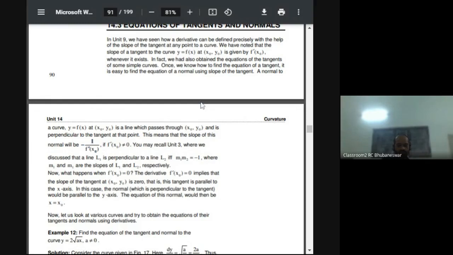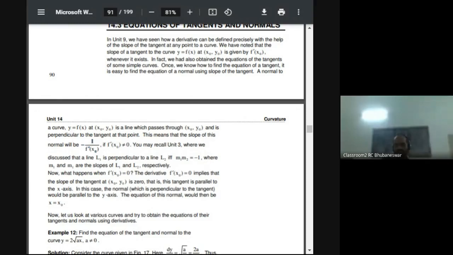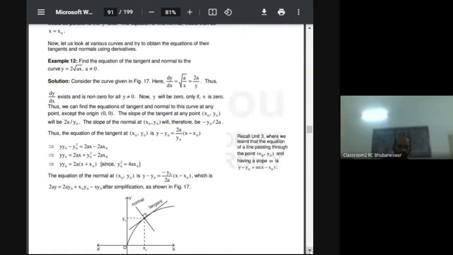Because as you know in two-dimensional geometry, the slope of the tangent line is f dash x0, and we represent here minus 1 divided by f dash x0, and that will be the slope of the normal line.